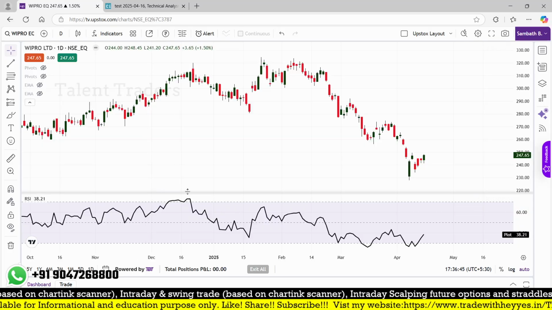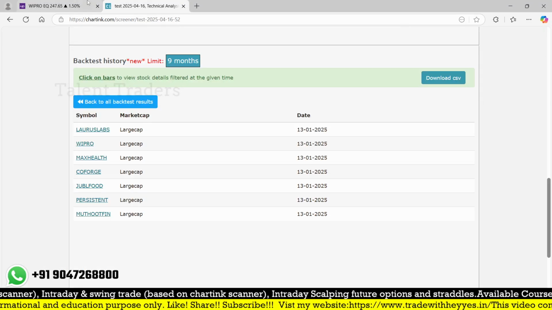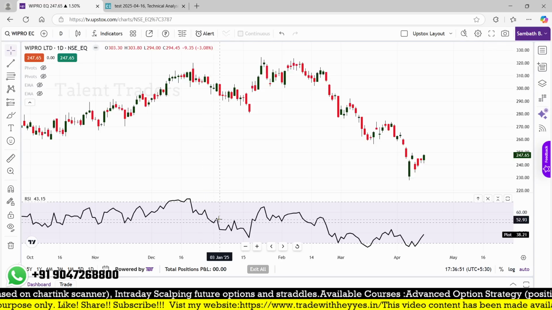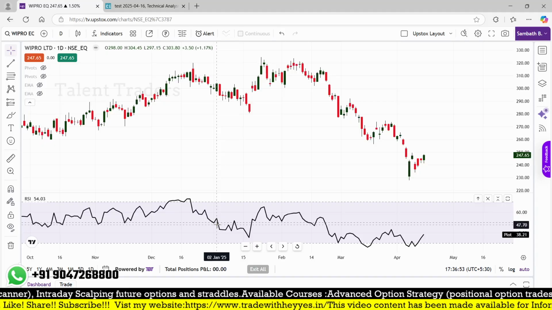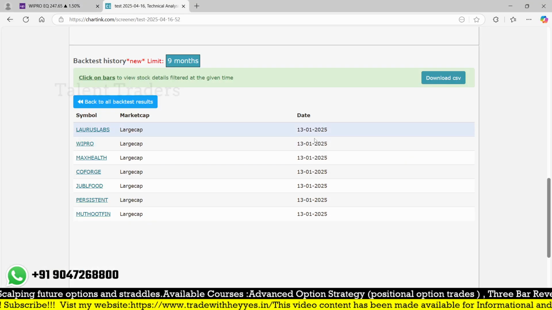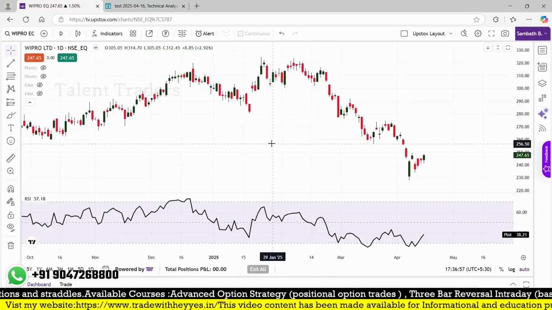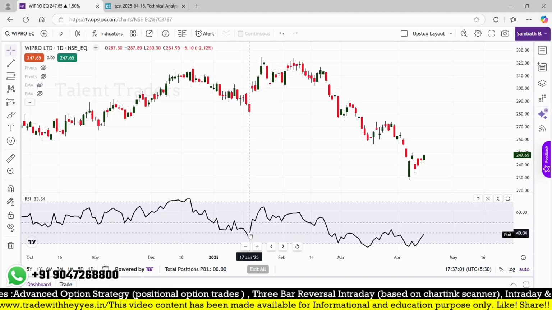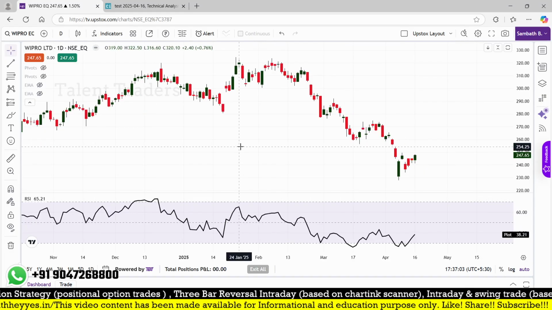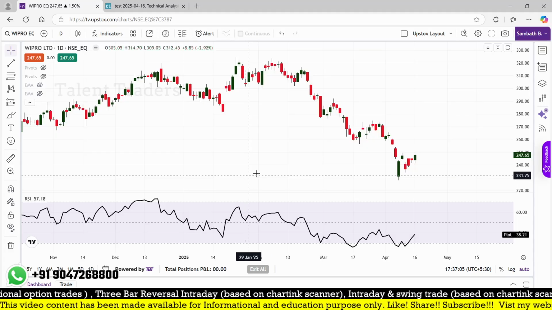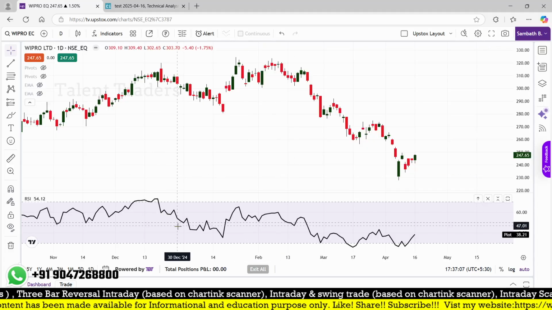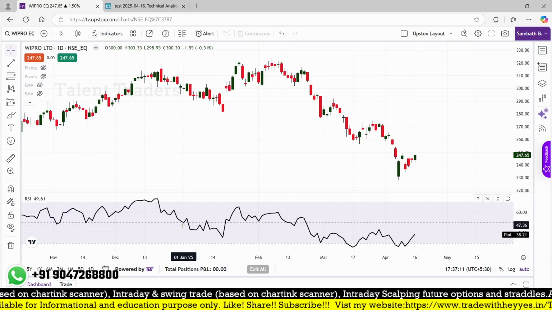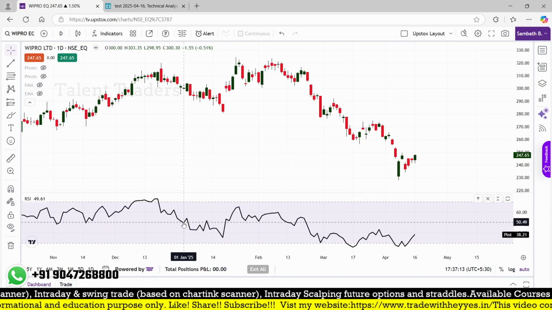So Wipro, this is the point, exactly 13 January. It's exactly 49.61.